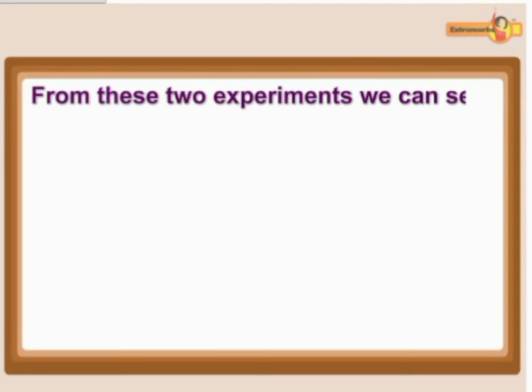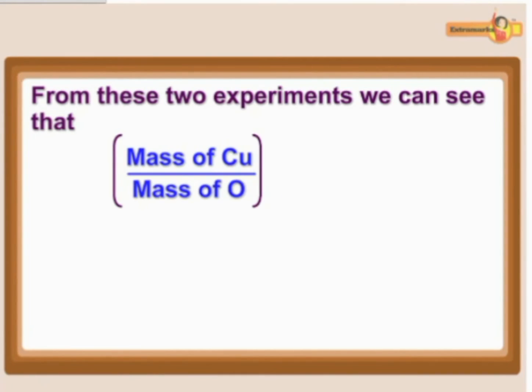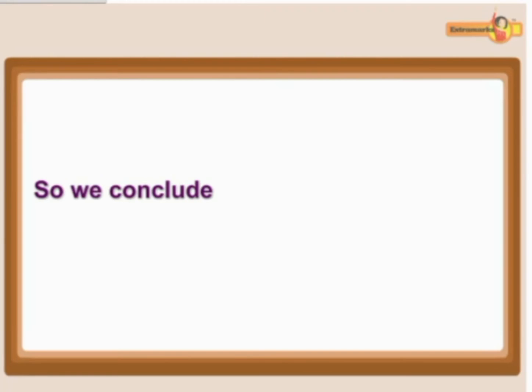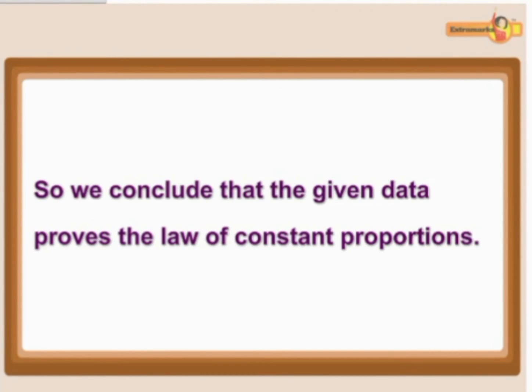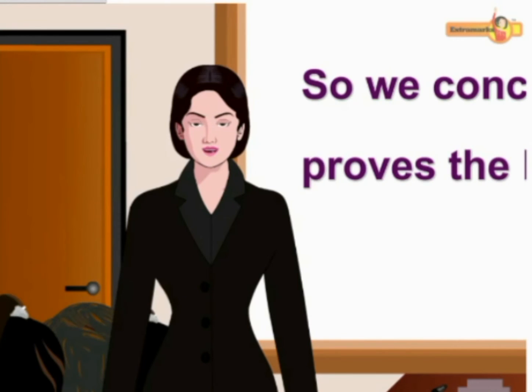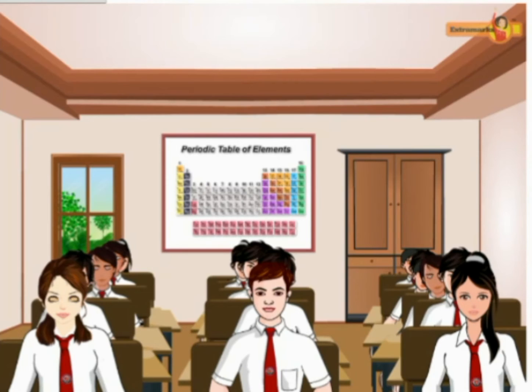From these two experiments, we can see that the ratio of copper and oxygen elements in the two samples of copper oxide compounds is same, that is 4:1. So we conclude that the given data prove the law of constant proportions. After going through all these examples, it is clear that a given chemical compound has same elemental composition.